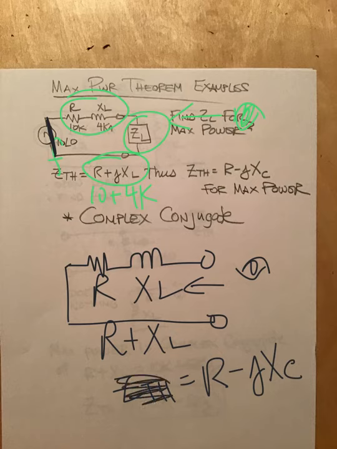It's not really Z Thevenin. It's the load. The load needs to mimic R minus J X sub C to cancel out X sub L and X sub C, leaving just R. And what we do know is that when we have just R and R, whether it's 1K and 1K or 2K and 2K, we get maximum power delivered here when that situation occurs.